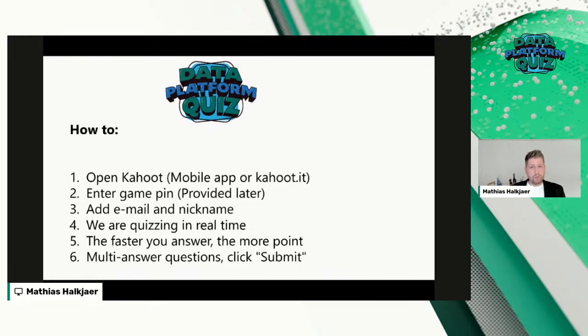The faster you answer, the more points you get in the quiz questions. There are standard questions where you just need to click the right answer quickly and you get more points. If you answer wrong, you get no points. There is also a different type of question called multi-answer, where you can select more than one correct answer. For those kinds of questions, you need to click the submit button to also be able to get the points.